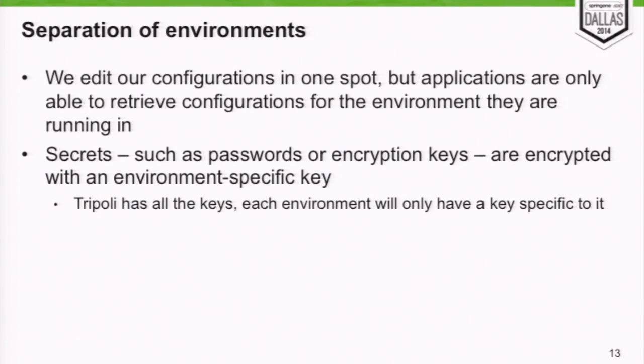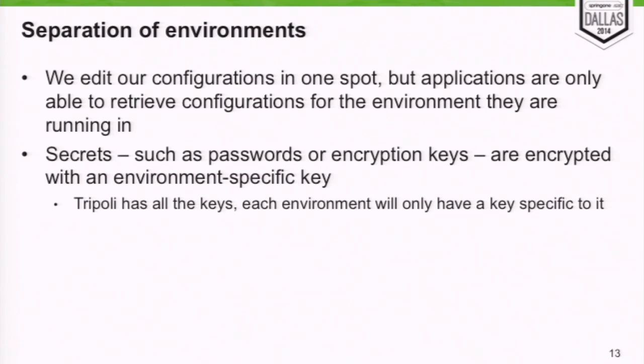Applications are only able to read data specific to their data center. When I talk about ZooKeeper more in depth, I'll explain how that works. But for now, you just need to know that a dev instance can only read dev config data. A live instance can only read live config data. They can't hop the rails and have your live instances start talking to your dev database and get really weird things happening.